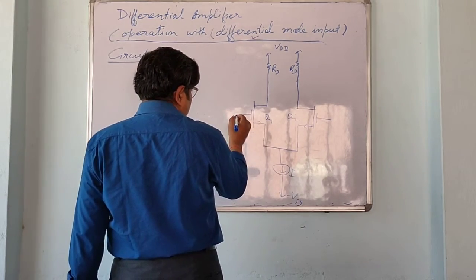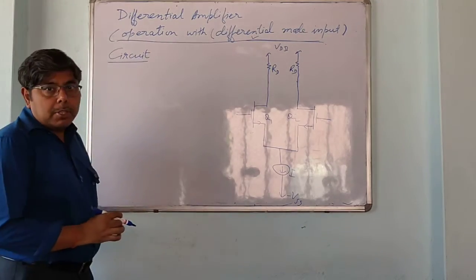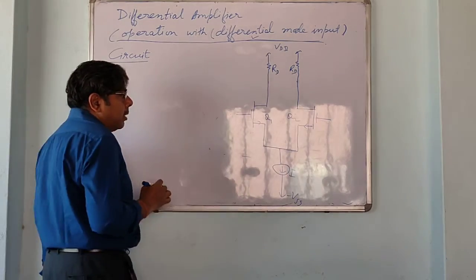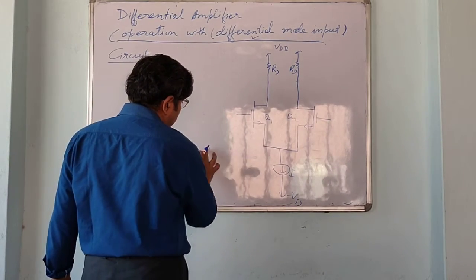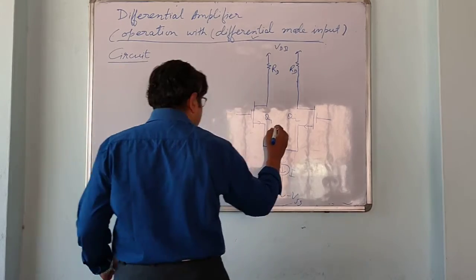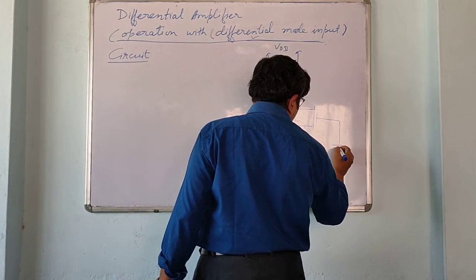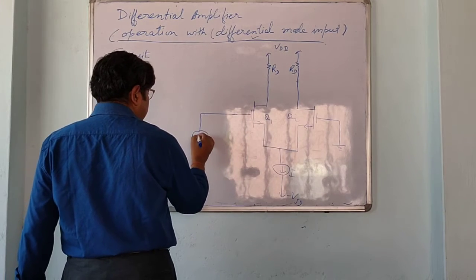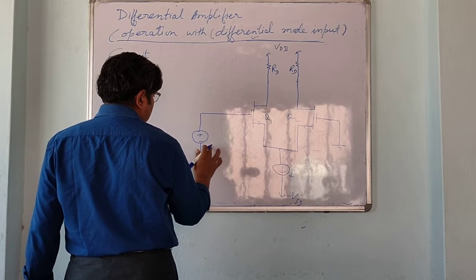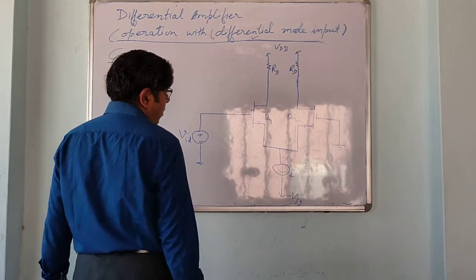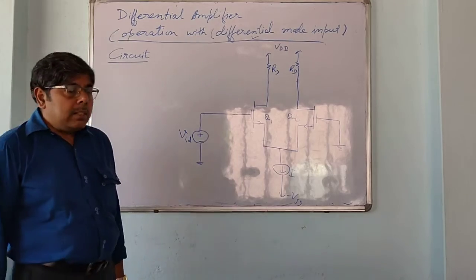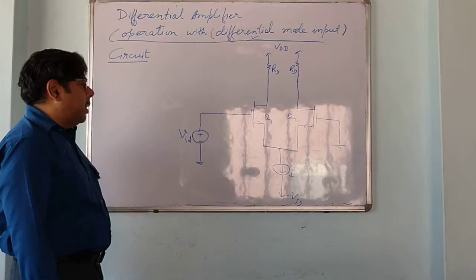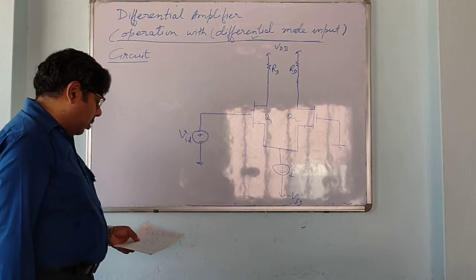Now in common mode operation both gates are common, but in differential mode operation we apply the input: one terminal is grounded and another is applied with a voltage VID. So this is the differential mode, meaning one terminal is grounded and another is applied with the differential input.